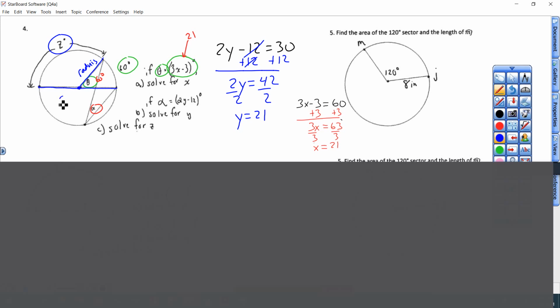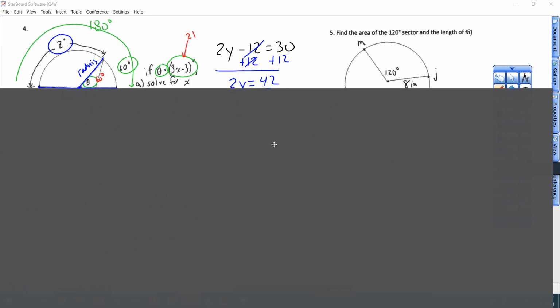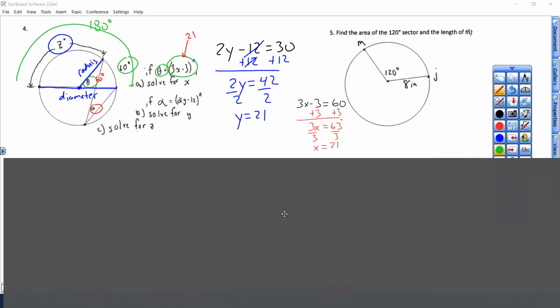So since this picture is showing the diameter, then that top half has to make up half a circle. It's got to make up that 180 degrees, right? So if it's half a circle, 180, and he gives you part of it, 60, what would the other part have to be for z to make that equal to 180? 120. There you go. It would have to be 120.